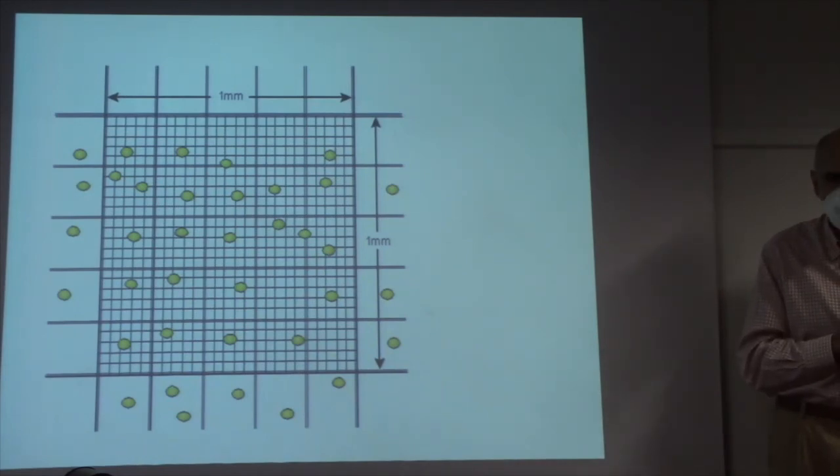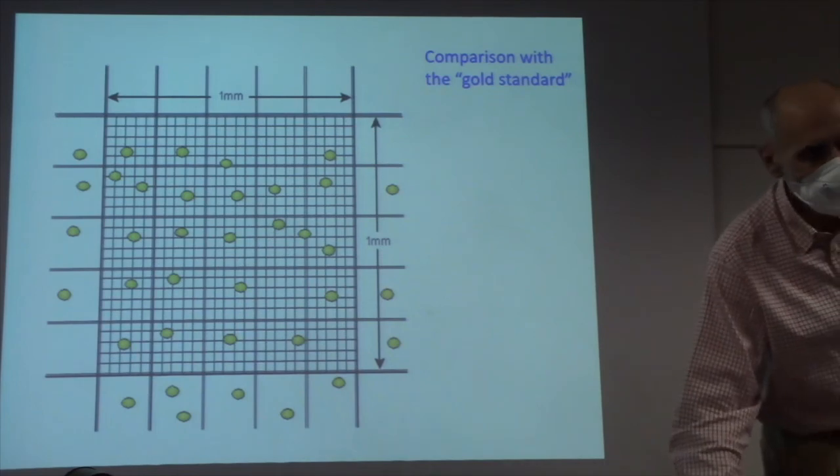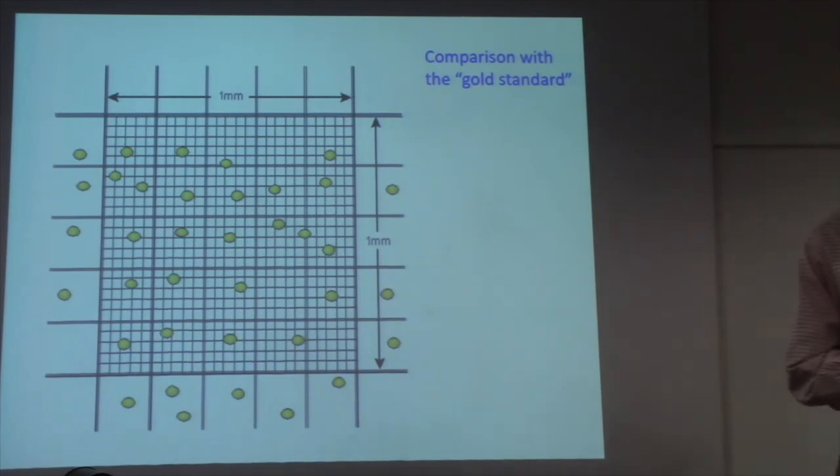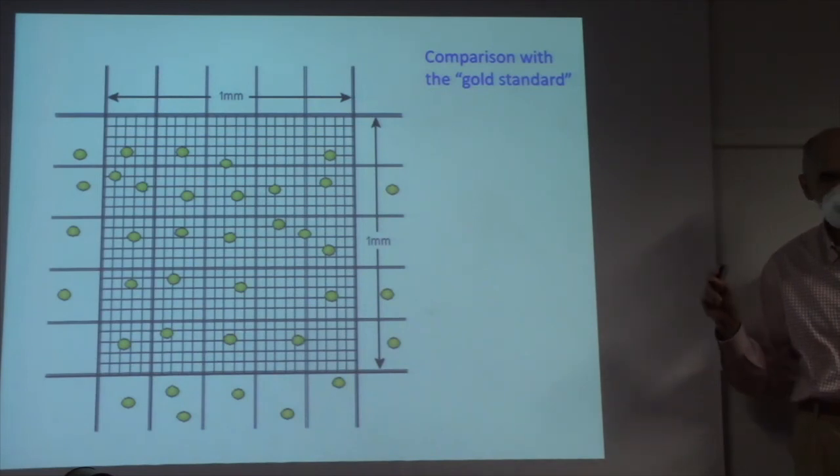Alright, that's what one could call a gold standard. What is a gold standard? A gold standard is the best method and the best instrument that you have to determine the variable that you're interested in measuring.